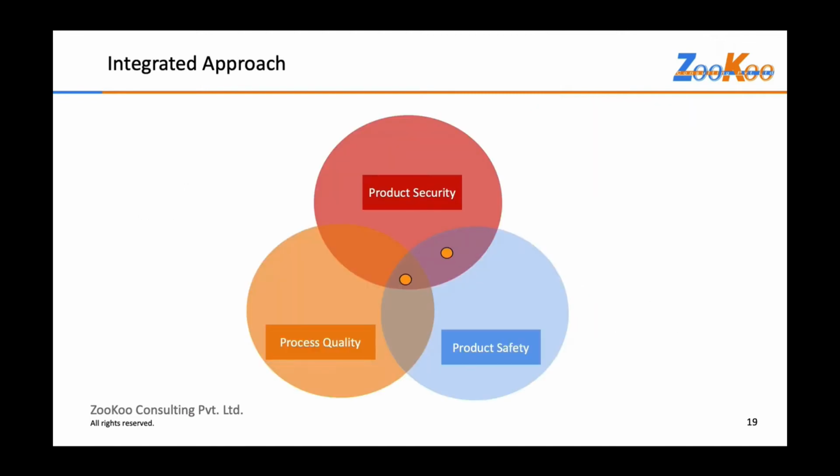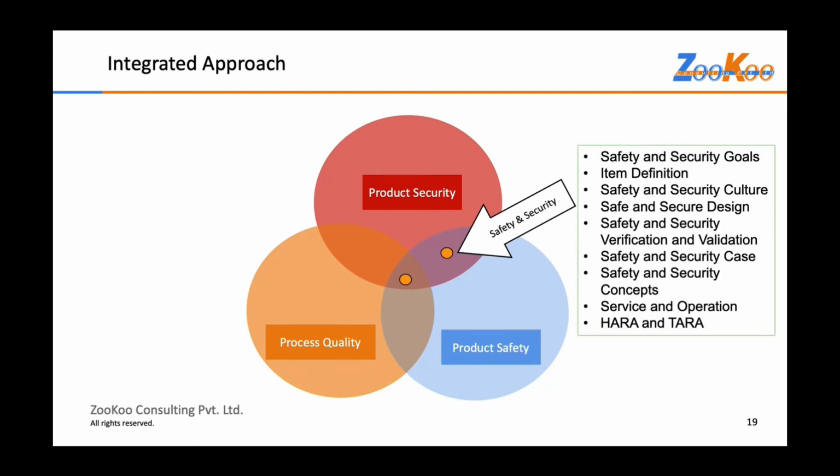Now we will try to learn something about the integrated approach, how we can combine and what the commonalities are between these standards. Here we have picked up product safety, product security, and process quality. If we see safety and security, in both standards most of the information is somewhat similar, only changing safety to security.